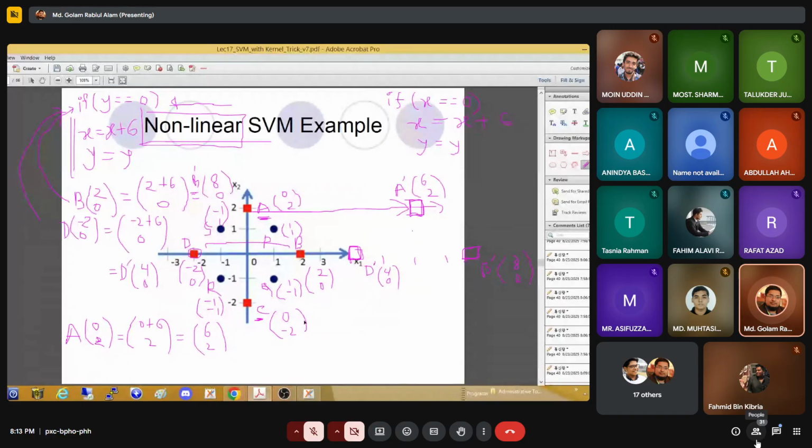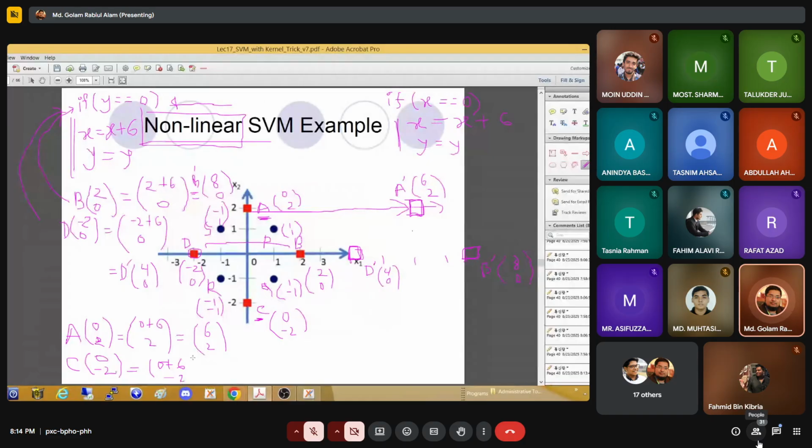Similarly, if we consider C, the value here is 0, negative 2. Again, the first condition y equals 0, no. Then the second condition, if x equals 0, yes. Then we have to utilize this translation function, that is x equals x plus 6. So 0 plus 6, and y is just y, so y is negative 2.